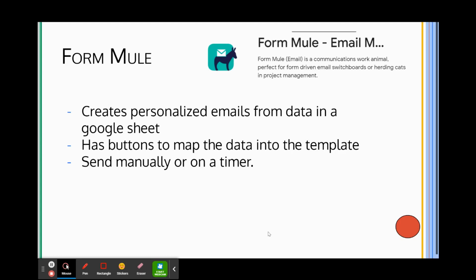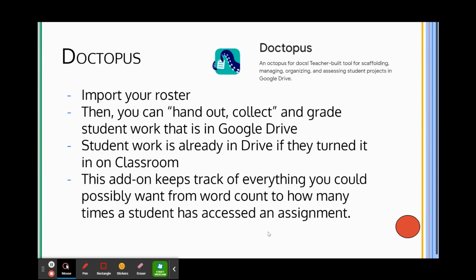Form Mule connects emails, Google Sheets, and you can map data from a Google Sheet into the template so that you don't have to type in a kid's name or their guardian's name or what score they got on their test, that kind of thing. If you put it in the Google Sheet, it will automatically insert it. And then the other upside of it is that you can schedule send a whole bunch of emails.